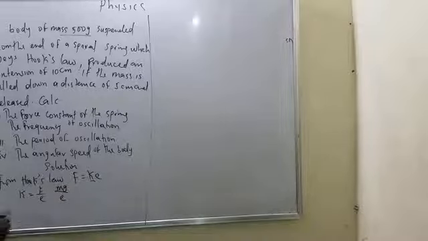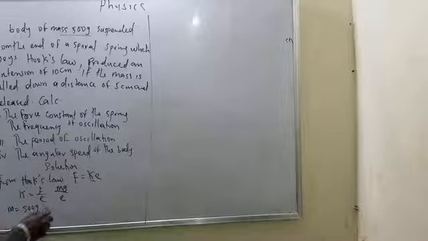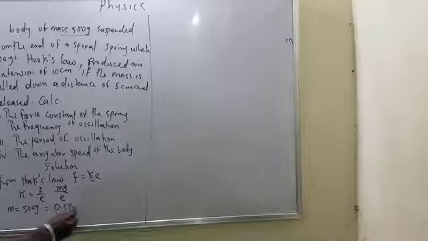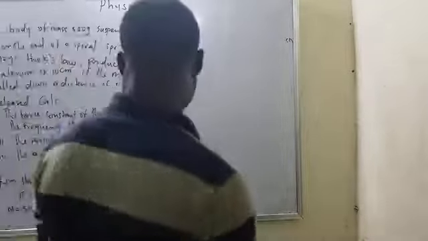Don't forget that my mass, which is my m, is 500 gram, which I cannot use. I will convert it to kilogram, which will be equal to 0.5 kilogram by conversion. 1000 gram make 1 kilogram.